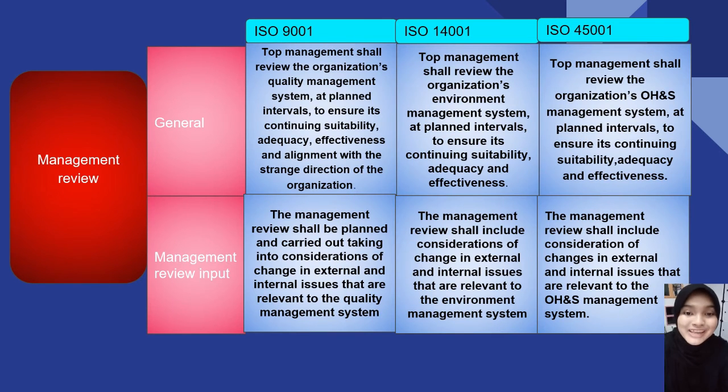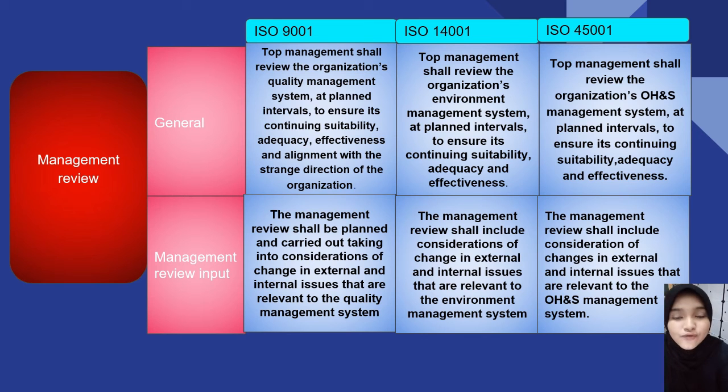Okay, we move to the management review. In general, for ISO 9001, top management shall review the organization's quality management system at planned intervals to ensure its continuing suitability, adequacy, effectiveness, and alignment with the strategic direction of the organization.